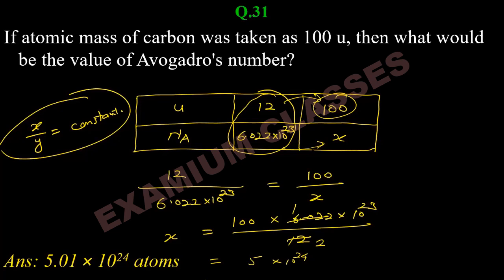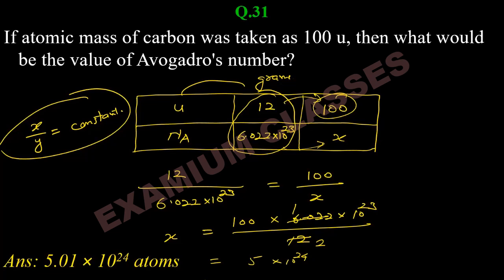Sir, here do we have to take the 12 in terms of grams? When you write that, it is in U. But that says that these many grams will have these many molecules, because I told you that atomic mass unit tells you that if you convert it into grams, that will be molar mass.